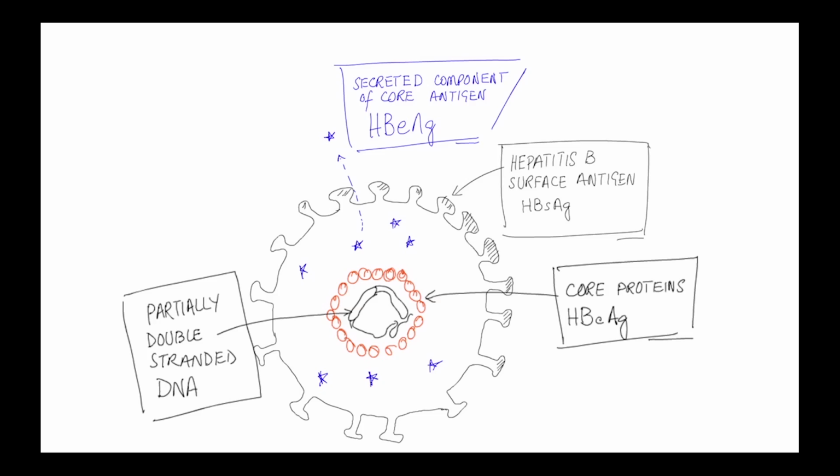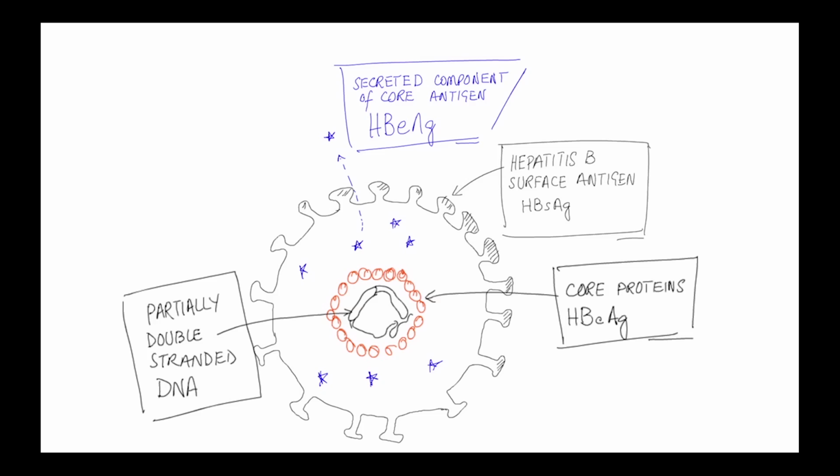So that will be hepatitis B E antigen, HBeAg. And that is really the secreted component of the core antigen. So these are the 3 most important antigens. There are other antigens like P and X. We are not really concerned about those at this time.